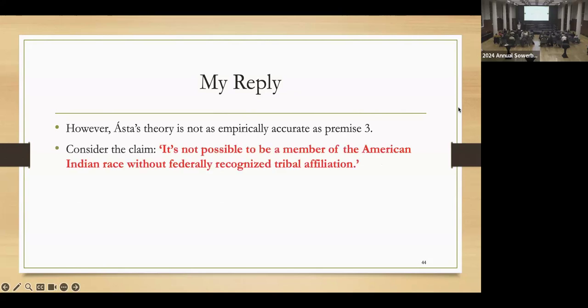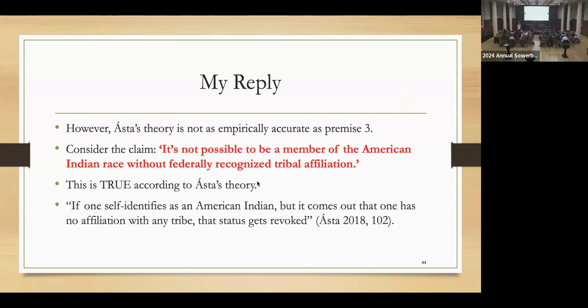Here's a test. If she's right about the essence of American Indian, then it should be the case that it's not possible to be a member of the American Indian race without federally recognized tribal affiliation. She also actually says that this is the case. This is the quote where I'm getting it from in chapter 5 of her book.